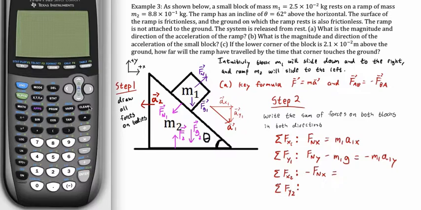Well, that's going to equal negative m2 a2. And then in y, what are the forces acting on the ramp? Well, we've got Fn, let me label that correctly over here, not just F2, Fn2, and so that would be Fn2.